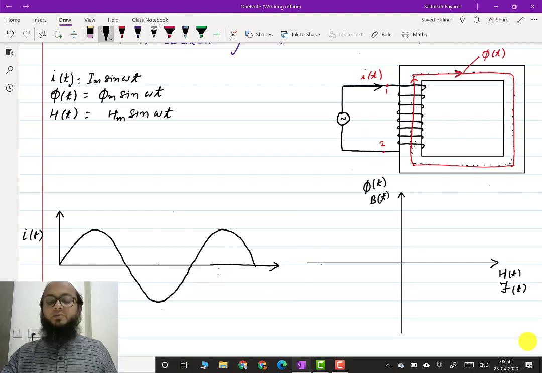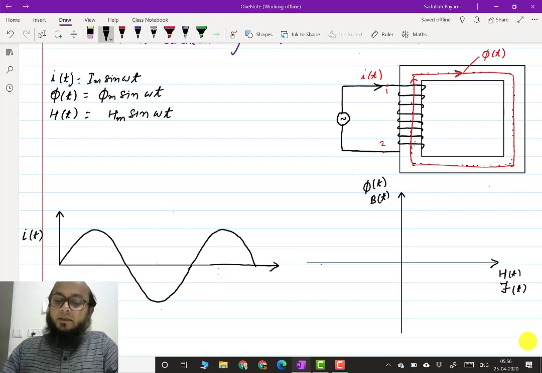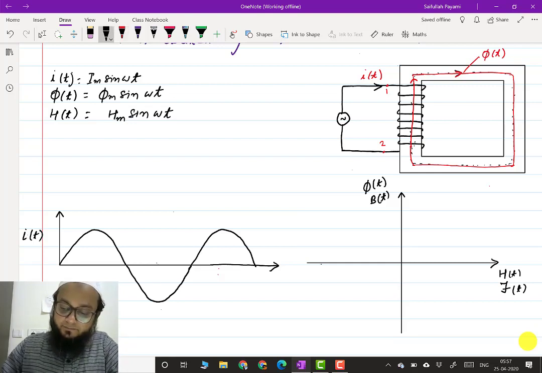Let's say this core has been energized for the very first time, and there was no residual flux inside this core. So at the time when the magnetic field intensity H is 0, the flux density in the core is also 0. So we are at this origin now.